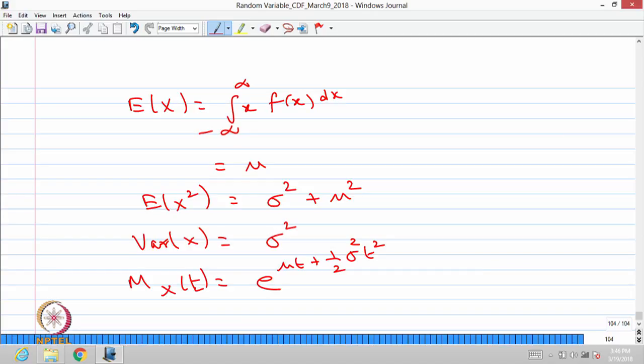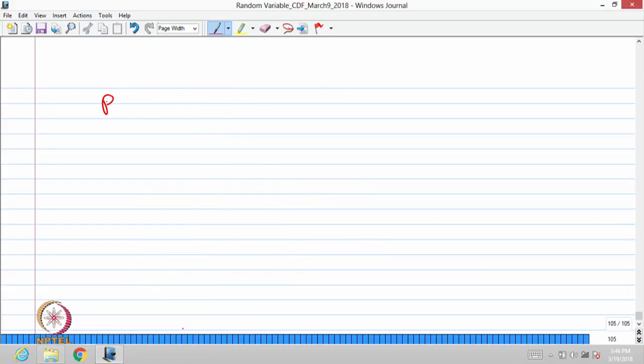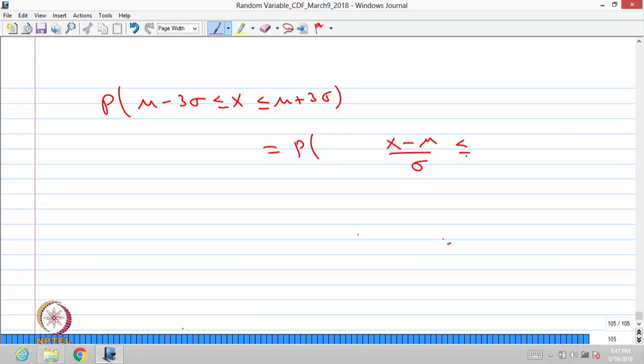One can easily get the probability of x lying between mu minus 3 sigma and mu plus 3 sigma. That is the same as the probability of x minus mu divided by sigma lying between minus 3 and 3.